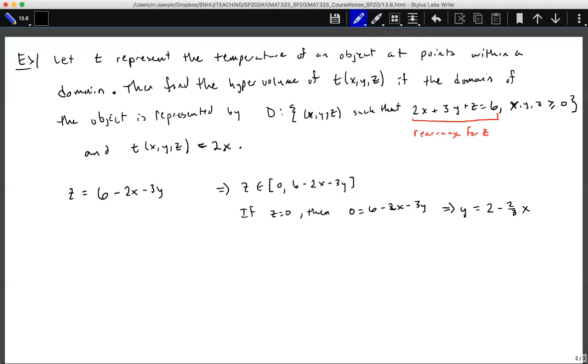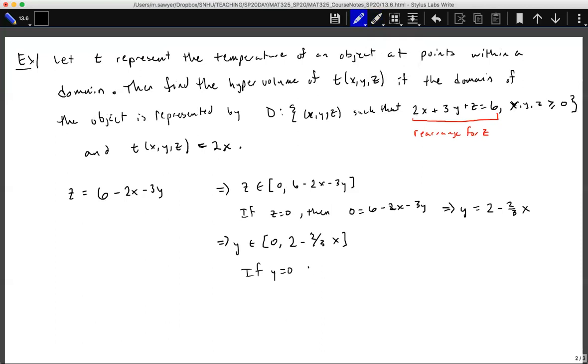This is what happens if we take our z function and look to see where the intersection of the two bounds is. Then we get a bound for y. So our lower bound for y is 0, and our upper bound for y is 2 minus 2/3 x.